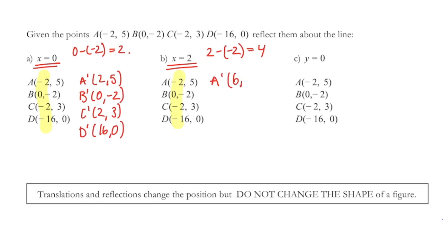So I'm going to get 6, and again, our y values stay the same. In this case, I'm going to get 4, -2, and I got that by taking 2 subtract 0 and then adding it back to the 2. And in this case, I'm going to get 6, 3. 2 subtract 16 is 18. 18 plus 2 is 20, 0.